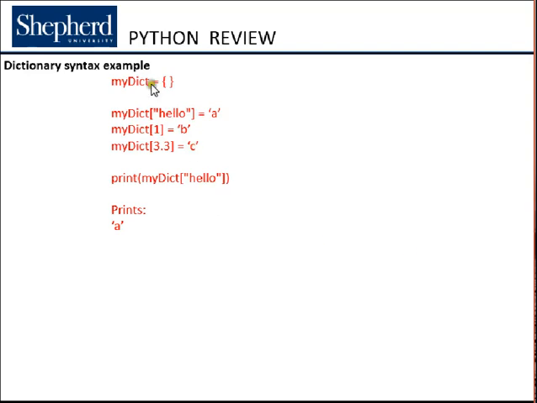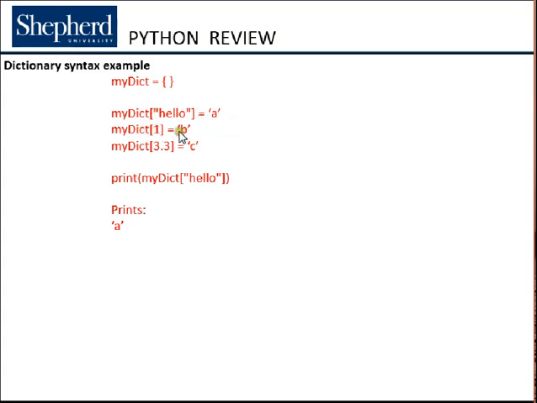And here we see a dictionary in action. So a dictionary, instead of being denoted with brackets as a list, is denoted by curly braces. And so we create an empty dictionary, as we see here, no elements in it, and then we can add a key, and we do that by using my dictionary, and then we say the key we want, and then we assign something to it.